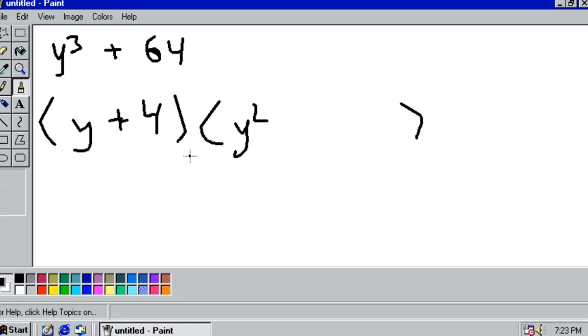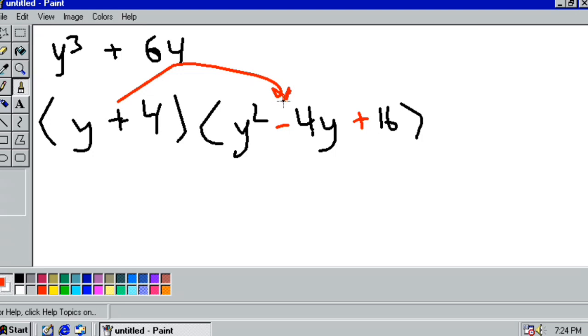Multiply the two terms, so 4y, because y times 4 is 4y, and square the last term, which is 4. So 4 times 4 is 16. So what sign are we gonna use? It will be positive here. It will always be positive, and negative here, since addition is the inverse of subtraction.